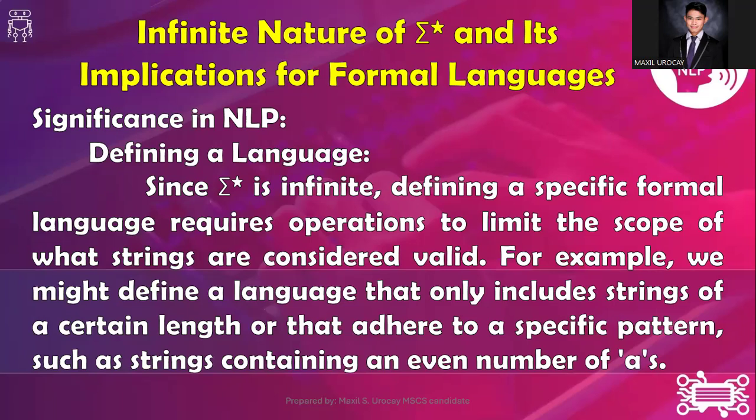For example, a language might be defined to only include strings of a certain length, or those that follow specific rules, like containing an even number of a's. This process allows for the creation of manageable, meaningful languages, which can then be processed and analyzed by computational models for tasks such as parsing, generation, or classification.